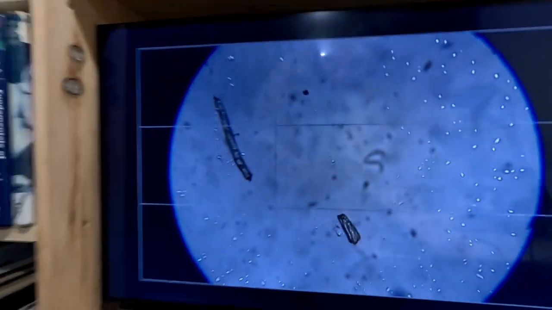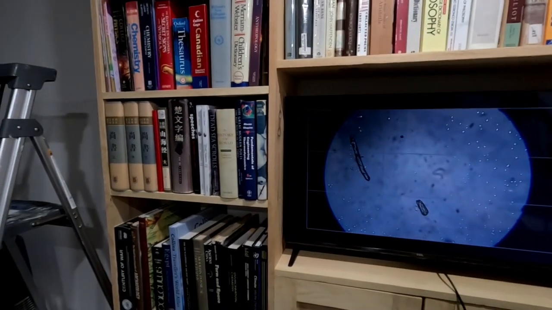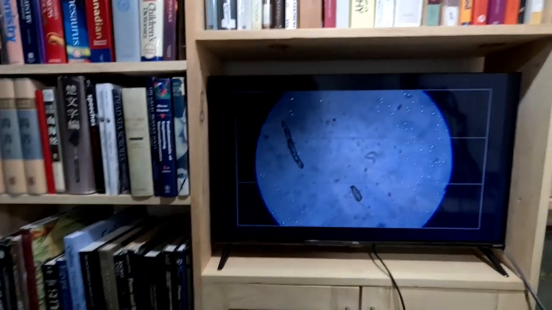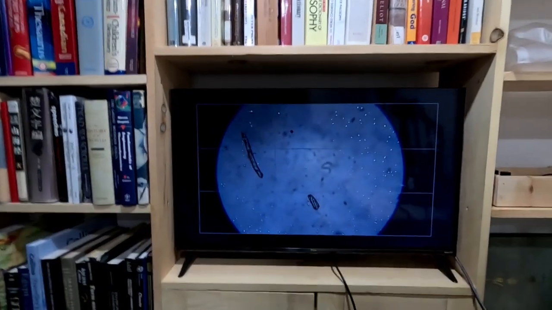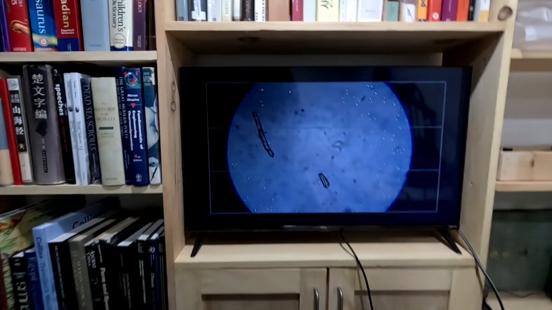That's graphene oxide. That's graphene oxide. So they are feeding me graphene by replacing the beer.